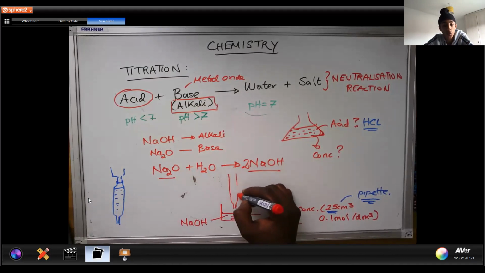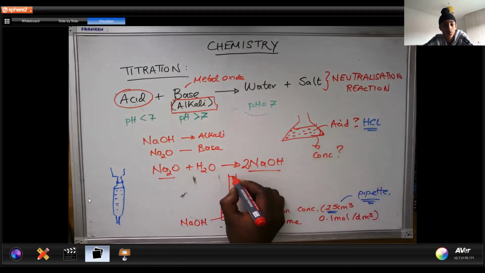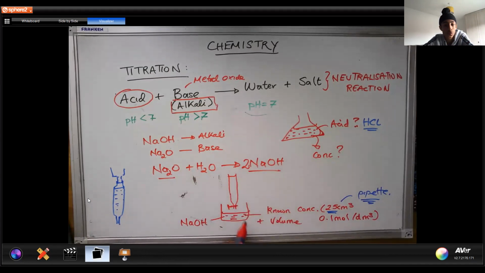Now in this burette, I pour in this acid. What I also need in here is what is known as an indicator. There's a number of indicators that you can use. Any ideas why I might be using an indicator?